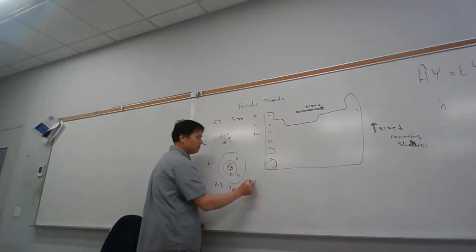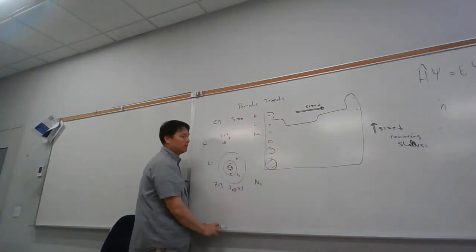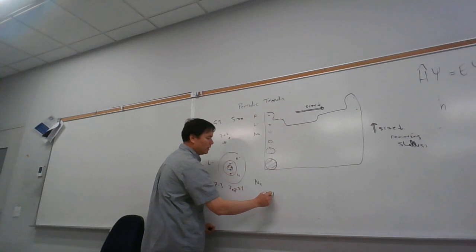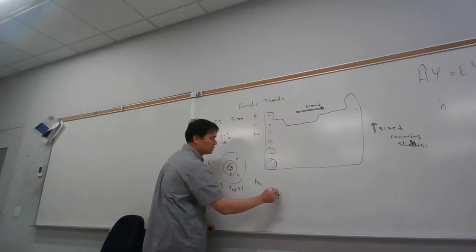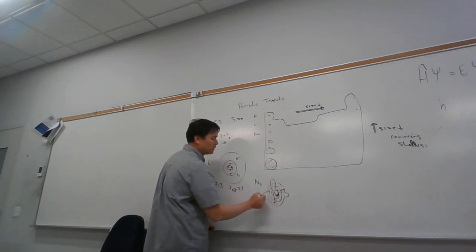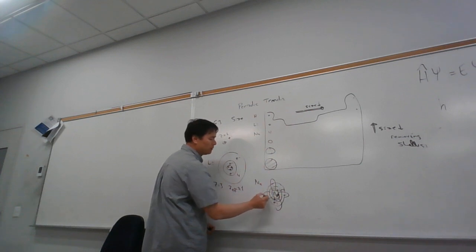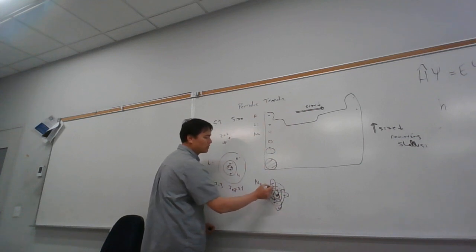Let's go to sodium. Sodium has how many protons? 11. 11 protons in the nucleus. And how many 1s? 2. And how many 2s? 2. And how many 2p's? And all those would be inner shell electrons, correct?